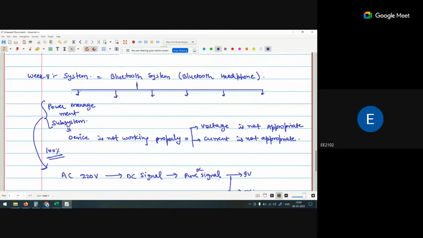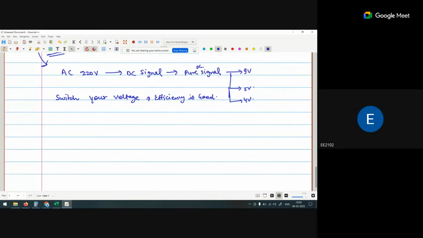Now, as we know, for the power management, the first thing is we convert the AC signal into a DC signal. How do we do that conversion? Using a bridge rectifier.